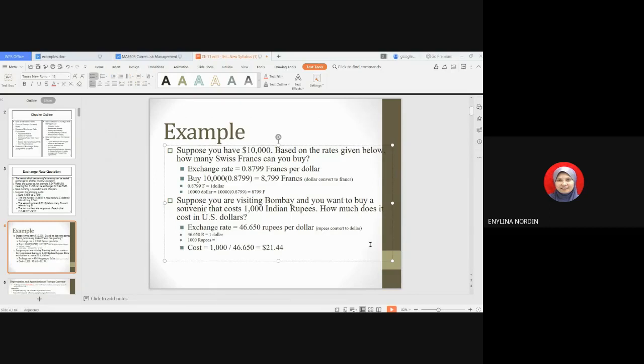You divide 1,000 rupees by 46.650 rupees, then you will get 21.44 dollar. So that is how it works. That is how you calculate or convert the currency.